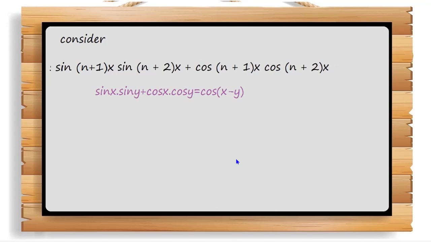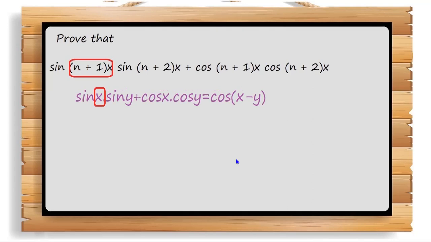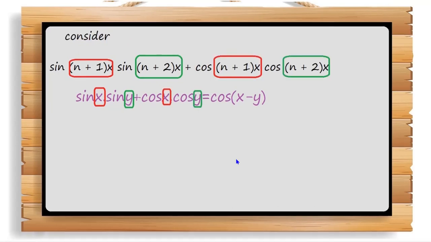Now you can observe it is of the same form. In place of x it is (n plus 1) into x, in place of y (n plus 2) into x. Similarly here (n plus 1)x, (n plus 2)x. And if you apply the formula now, the right hand side is cos of (x minus y).